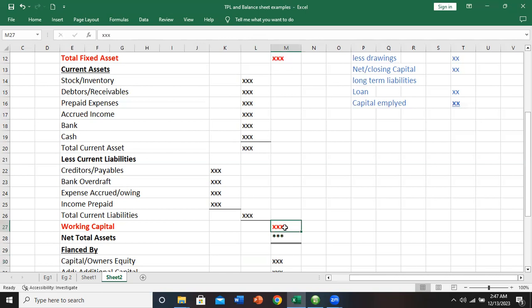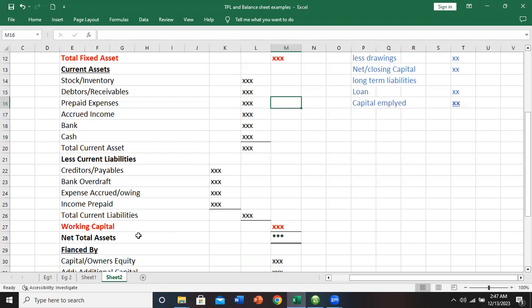Okay, so when you get the working capital, you add it to the fixed assets, the fixed asset that you listed first, and then you get a final figure you call net total asset.